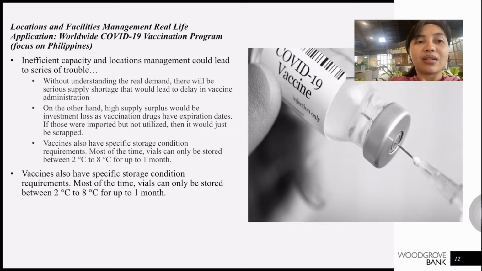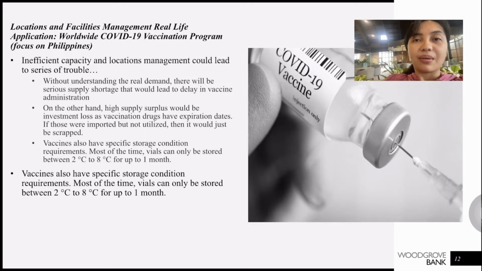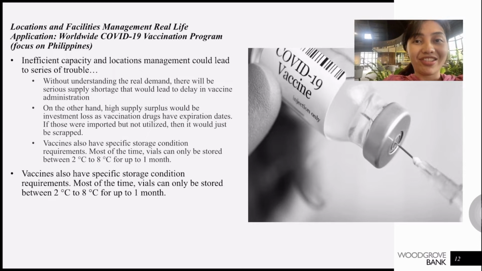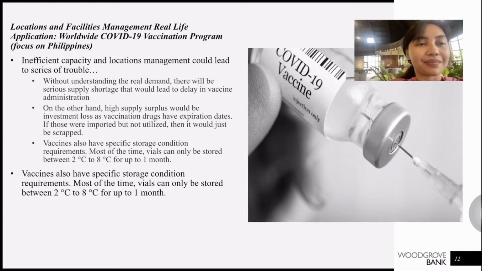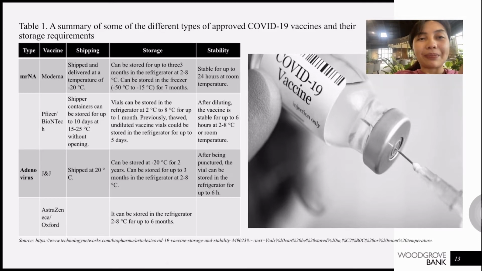Most of the vials can only be stored at a certain temperature range for a specific time period. As I have said earlier, if these requirements are not met, then most probably those drugs would just unfortunately be scrapped.